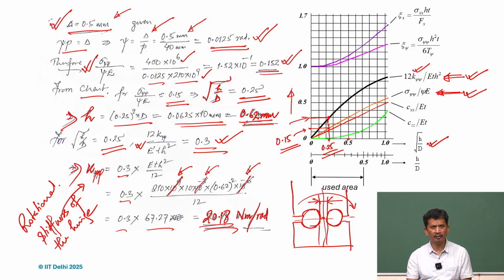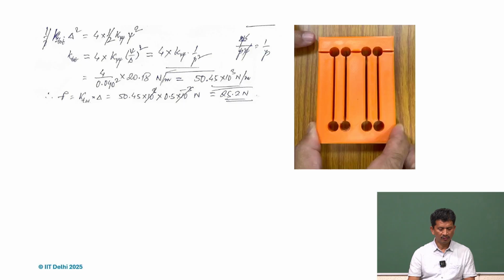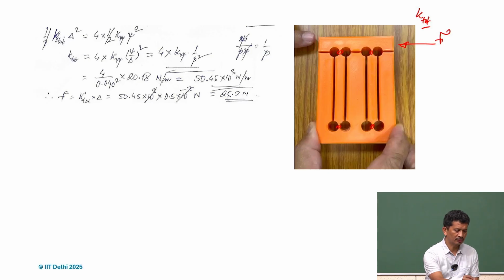So as we move on, what we wanted to find is the equivalent stiffness. So what is the stiffness in this direction? And we realized that there are now hinge stiffnesses for four springs, and because of that there will be a certain stiffness K total in this direction F, and that we are interested in. So we can use the energy equation.